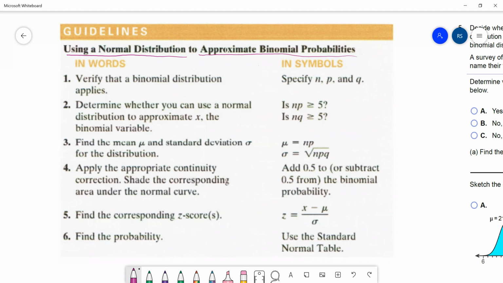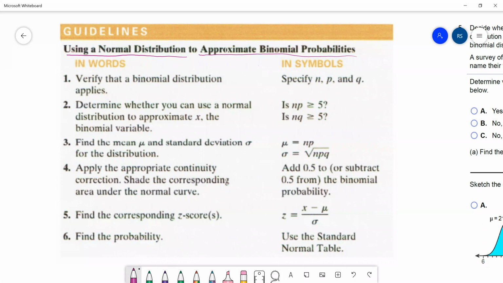So first thing we have to do is verify that we have a binomial distribution. So what's our N? What's our P? What's our Q? So just make sure it checks off all the boxes for a binomial, and then get N, P, and Q.